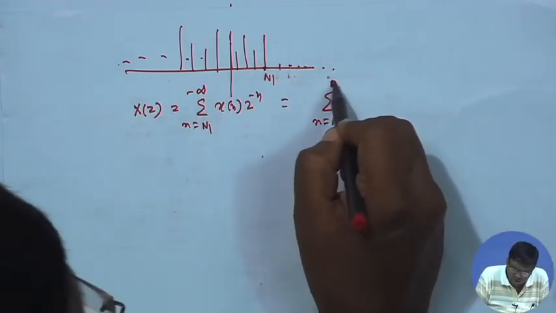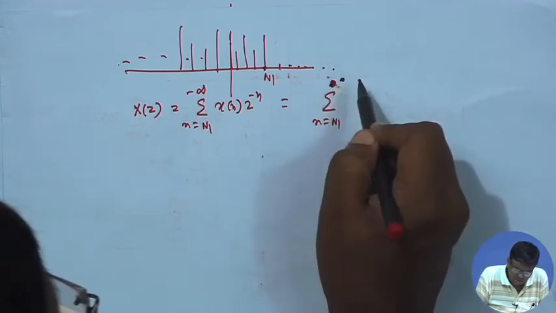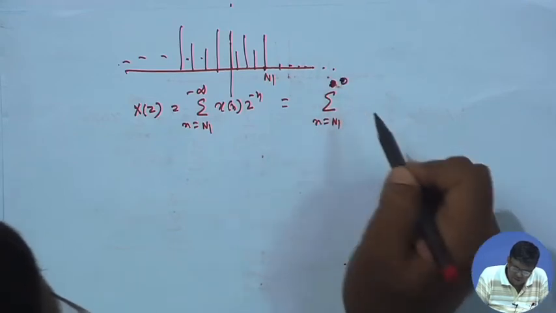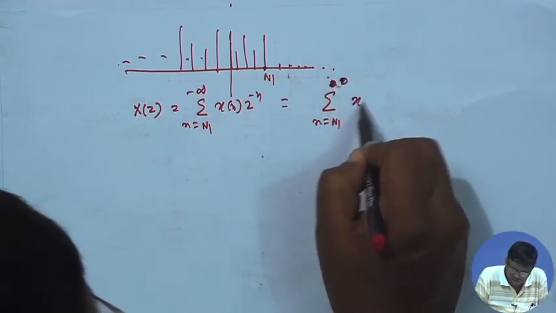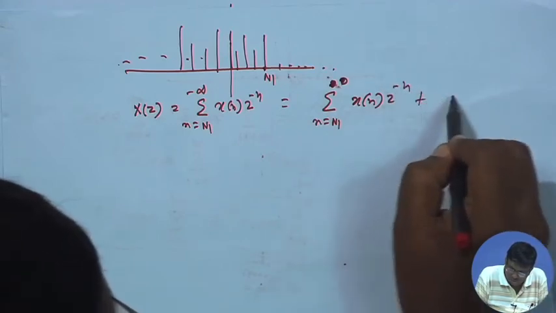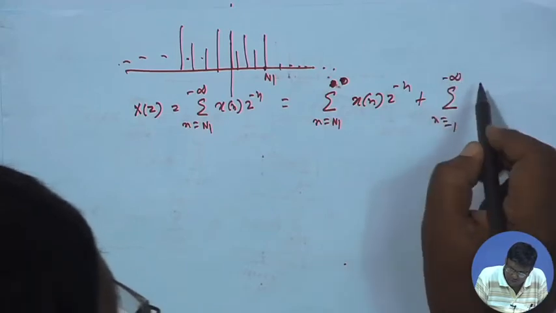You can either take up to 0 or maybe 1, or maybe 0, okay, 0 will be better.